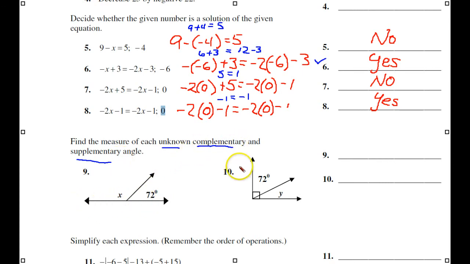And complementary angles, the sum is 90. Give you a moment. So 108 plus 72 equals 180. 18 and 72 equal 90. So again, supplementary angles measure 180, complementary 90, so we just had to do a little substitution.